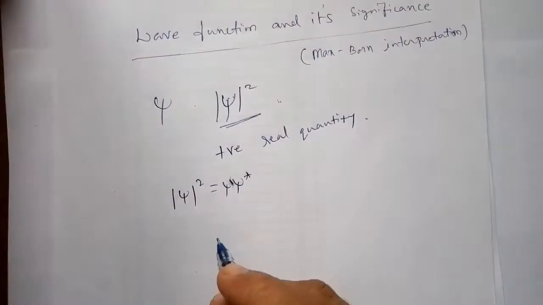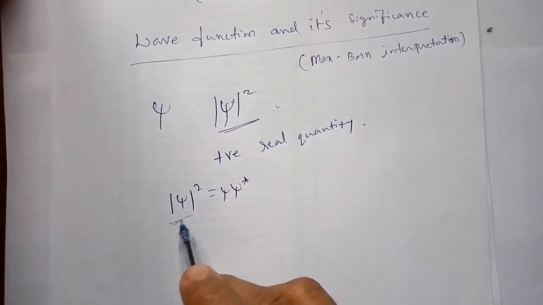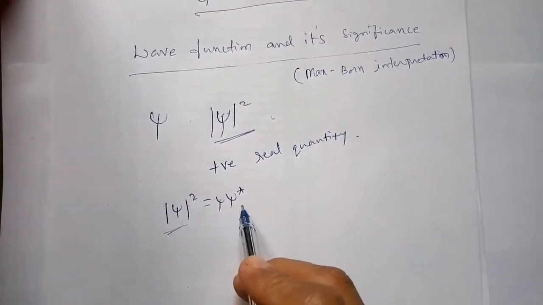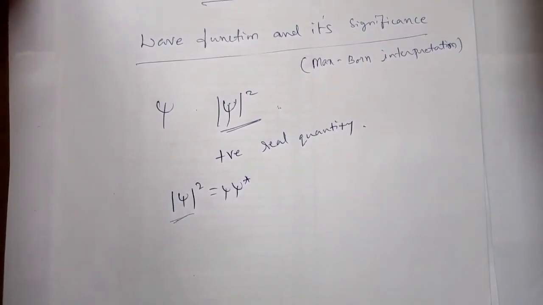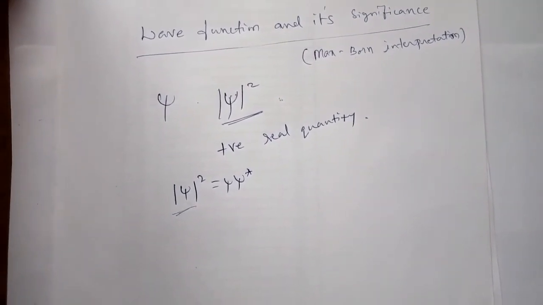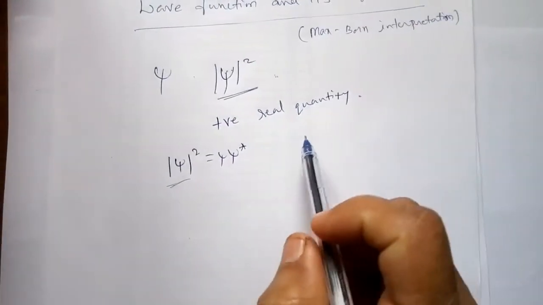The quantity modulus of psi square, or psi star psi, is called the probability density, that is, probability per unit volume.